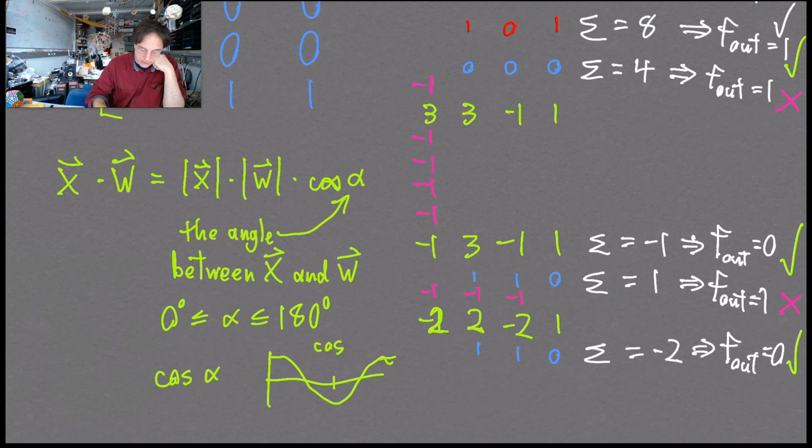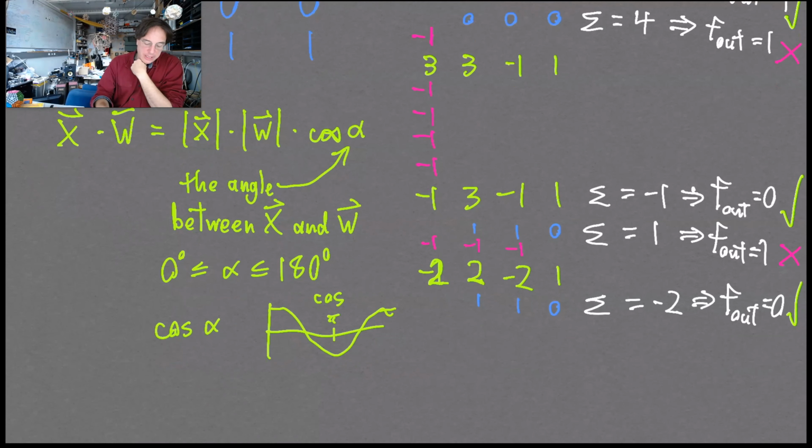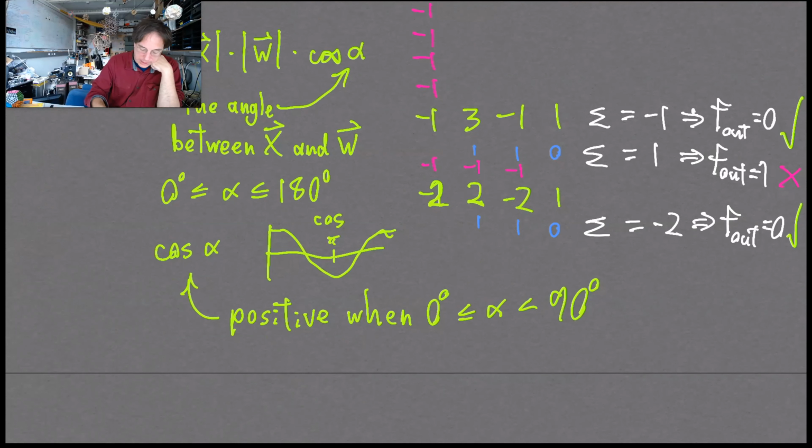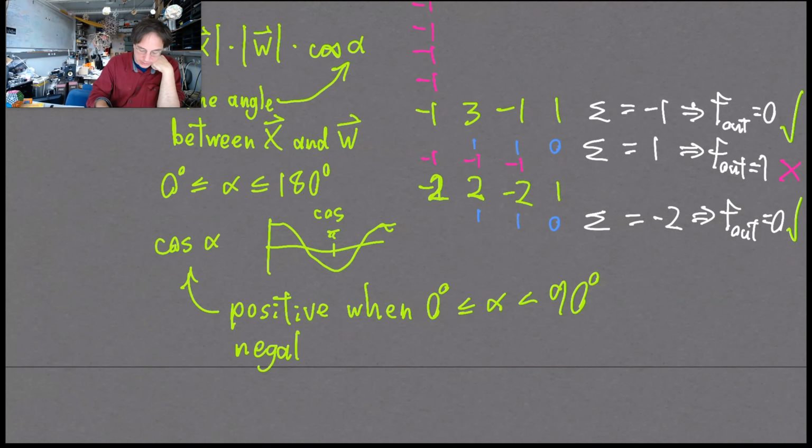This is pi, this is 180 degrees, and the cosine is positive when this angle is between 0 degrees and 90 degrees. And it's negative for larger angles.